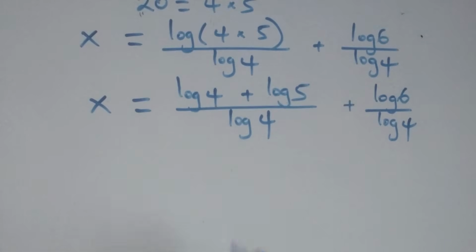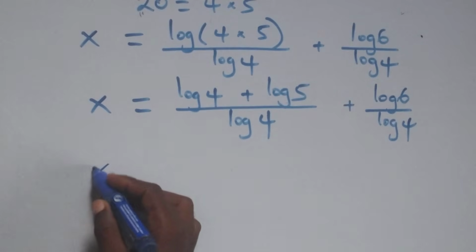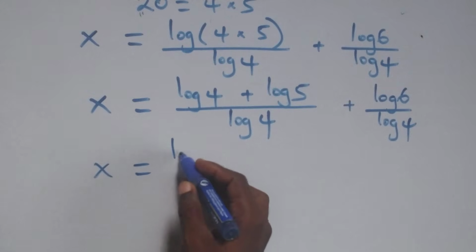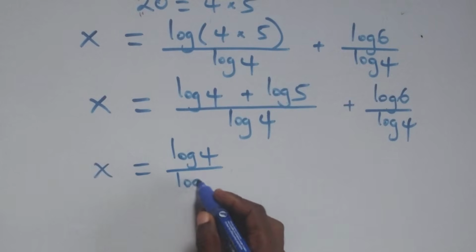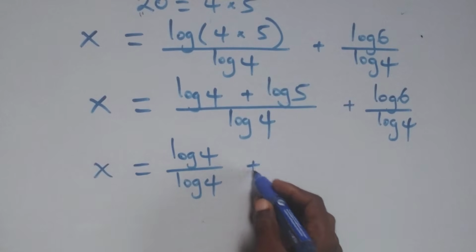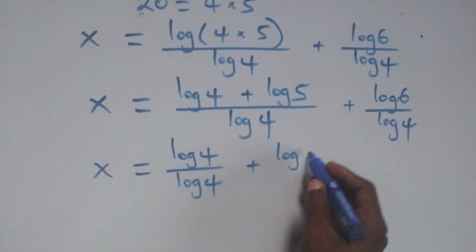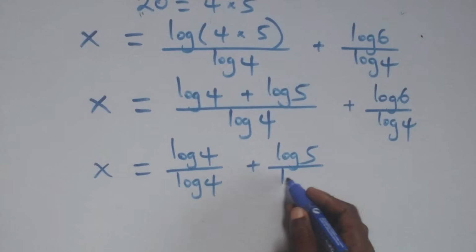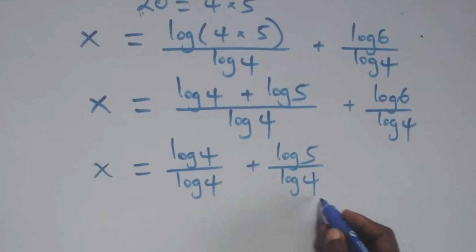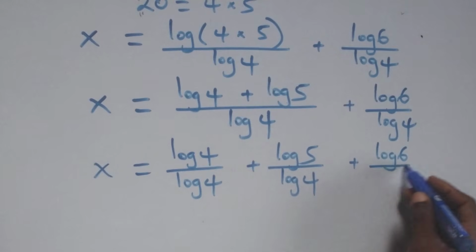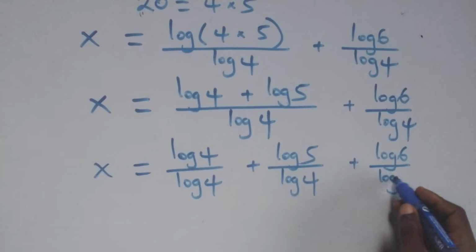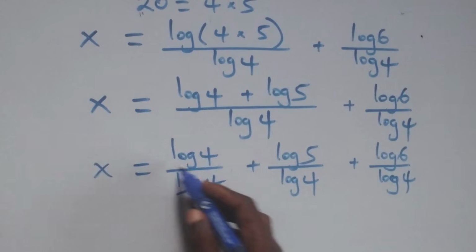And when we separate this as well, we have x equals log 4 over log 4 plus log 5 over log 4 plus log 6 over log 4, which implies log 4 cancel each other.